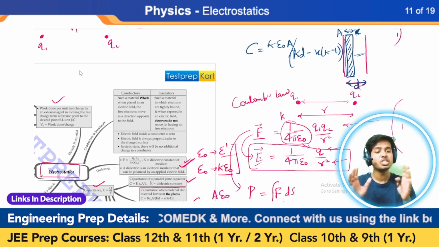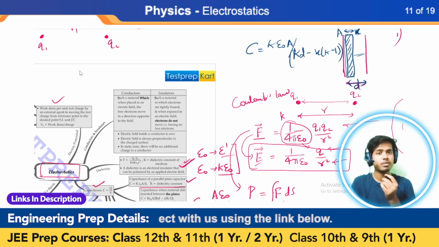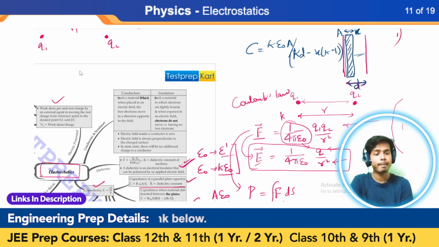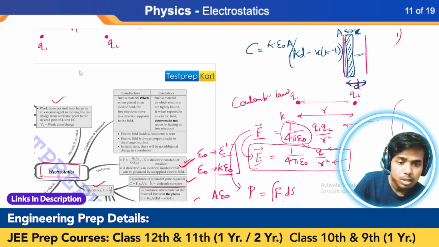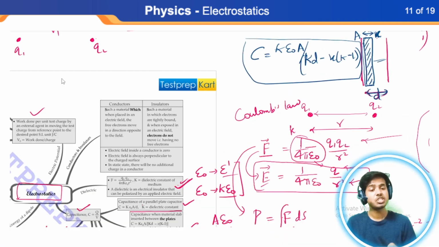So the whole potential difference can be calculated easily, and the ratio of charge to potential difference is the capacitance. So using that method you can derive it, but we do not have the time for deriving all that. So we'll just remember this formula for the changed capacitance of the system when a partial dielectric is inserted into the capacitor.